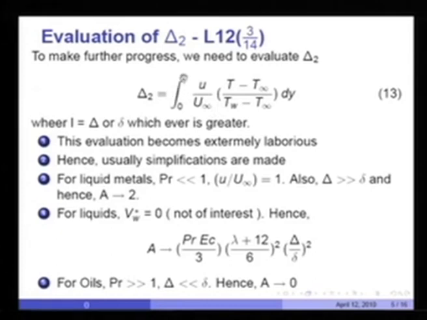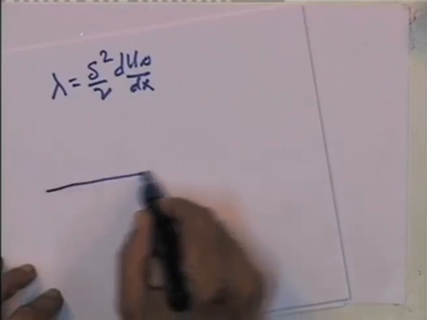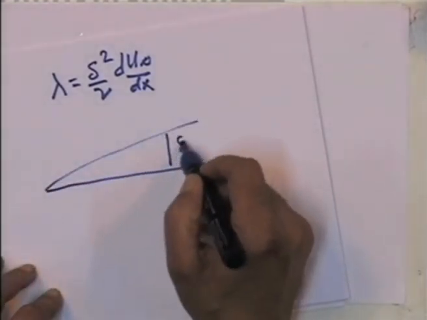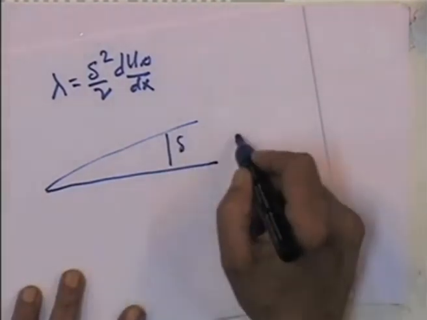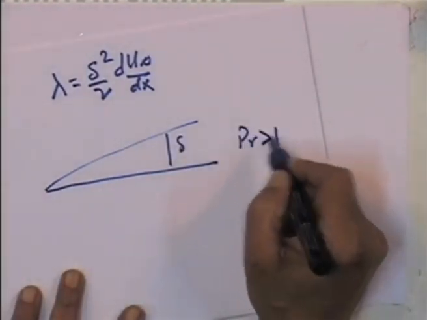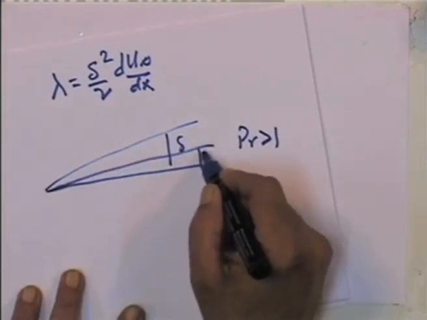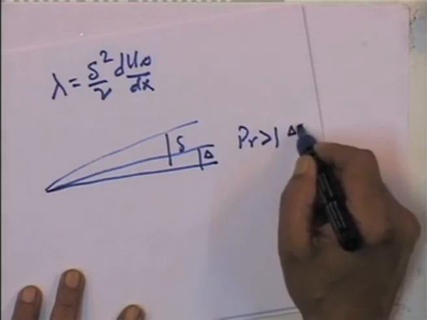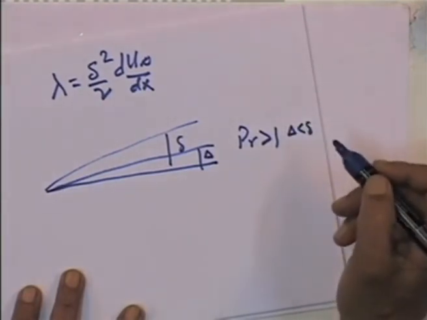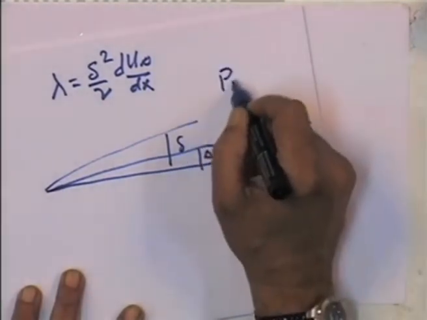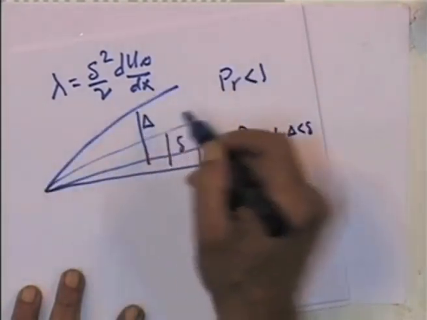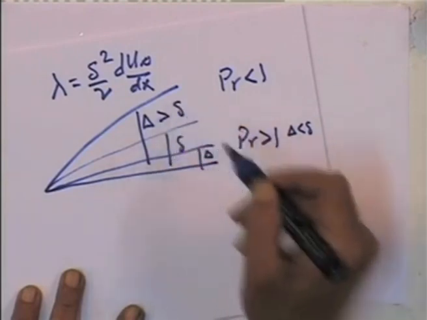from 0 to L. So, remember, we recall that if this was the velocity boundary layer development delta, then if Prandtl was greater than 1, the thermal boundary layer thickness would be smaller than delta. But if Prandtl number was less than 1, then the thermal boundary layer thickness would be greater than delta.